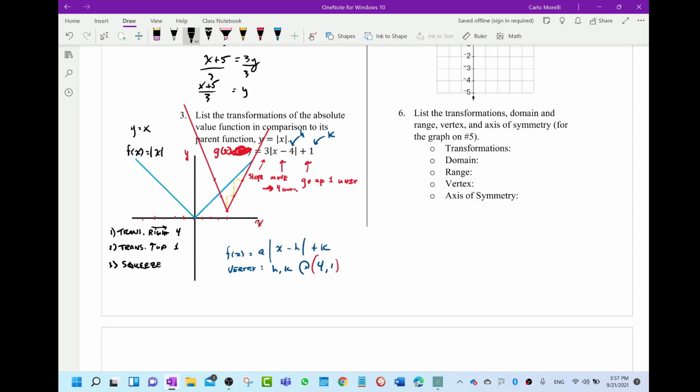And then if you really want to explain yourself, you might say the slope of the parent function f of x equals absolute value of x is 1. The new slope of g of x was 3. Okay, so that's a squeeze. All right, we're done with number 3.